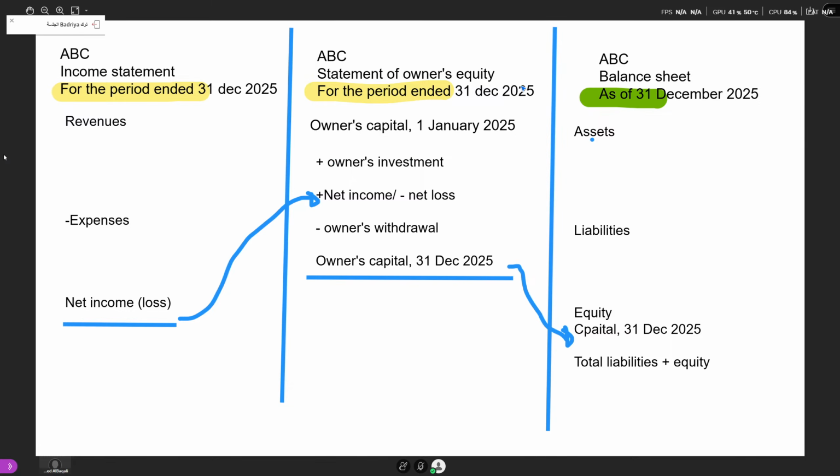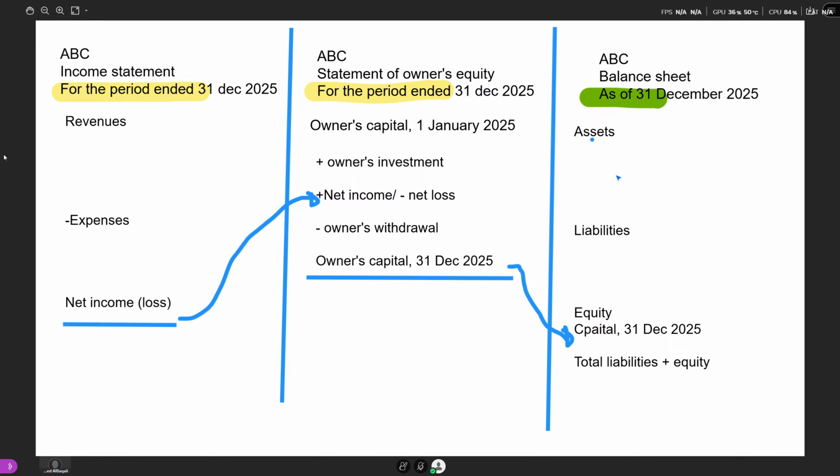In the year 2025. The net income or net loss that you made at what time? In year 2025. Any withdrawal that you made in year 2025. All of these three items will help you get your capital at the end of the period. So the things that you see in this statement are all related to one period or one year. For example, it is our year 2025.